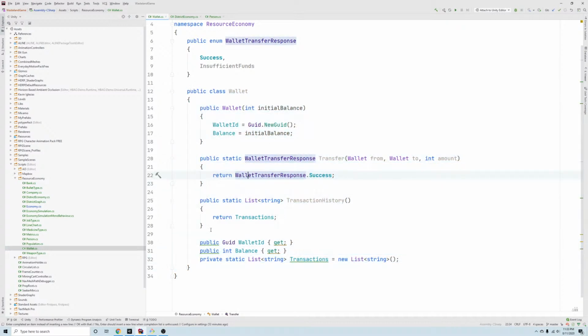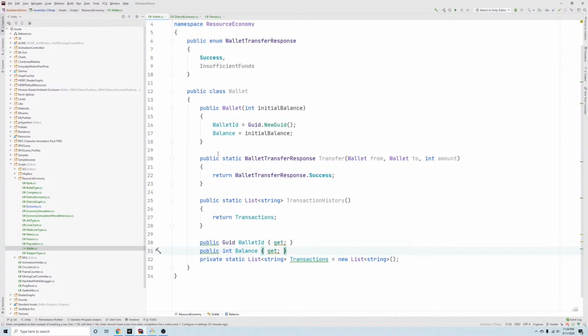It'll be a very simple class. It'll only contain an identifier for who the wallet belongs to, or the identifier for the wallet, because a person could maybe have multiple wallets. And it'll also have a balance, and this will be read-only.